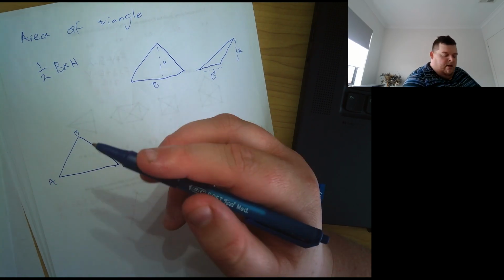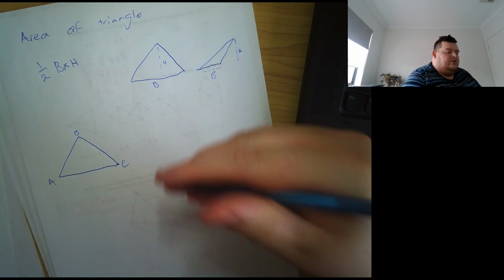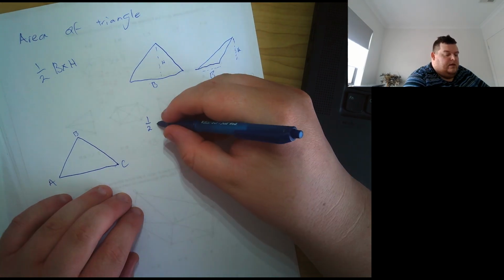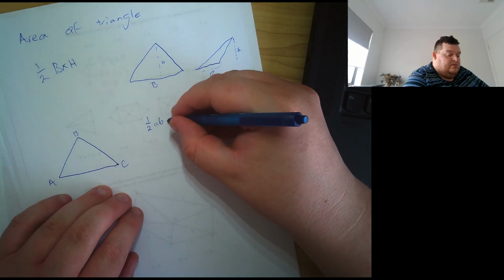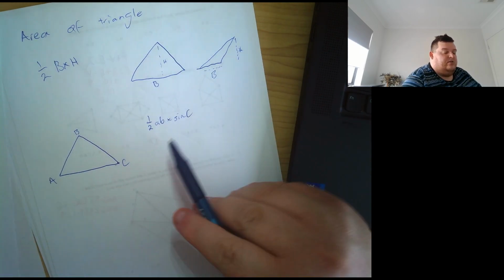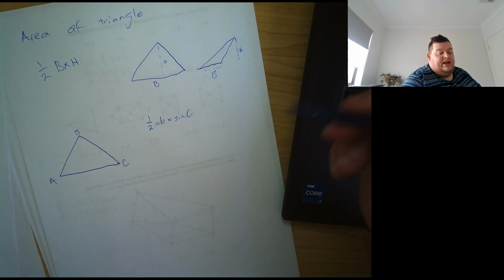Makes it hard. In this situation, you can use a formula which is half of AB times sine C. These can also be rearranged, so you could do half of AC sine B, half of BC sine A.